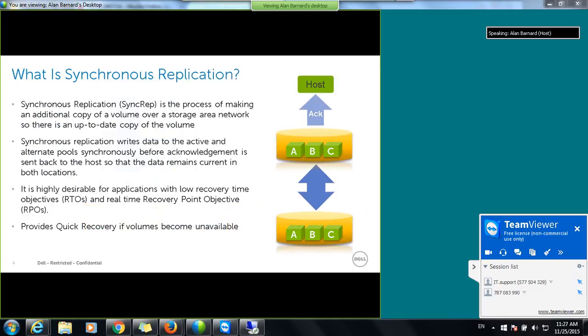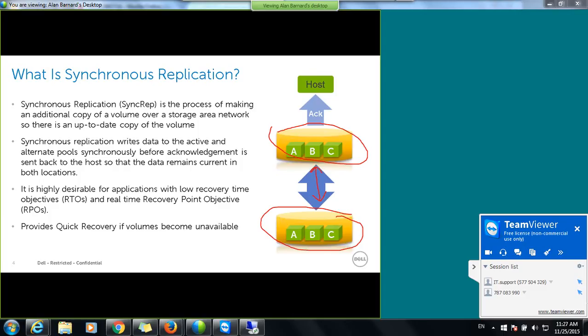All right. So as you can see from the previous slide or small video capture, you have two pools in here, right? And then there is a synchronous or continuous replication between the two pools.